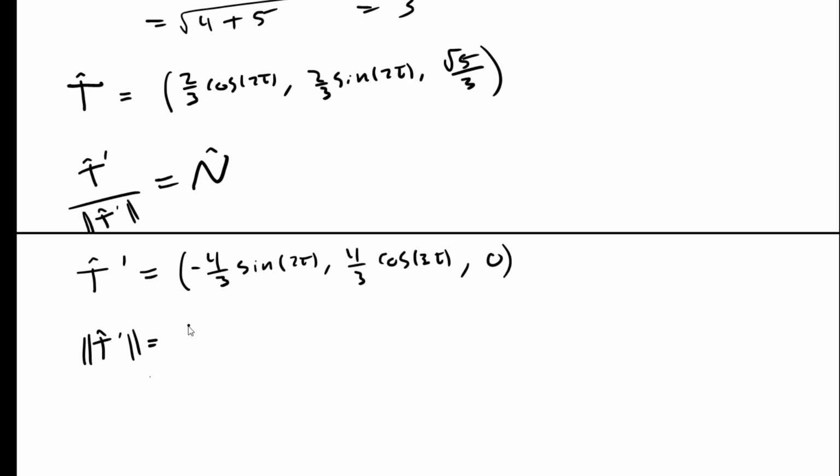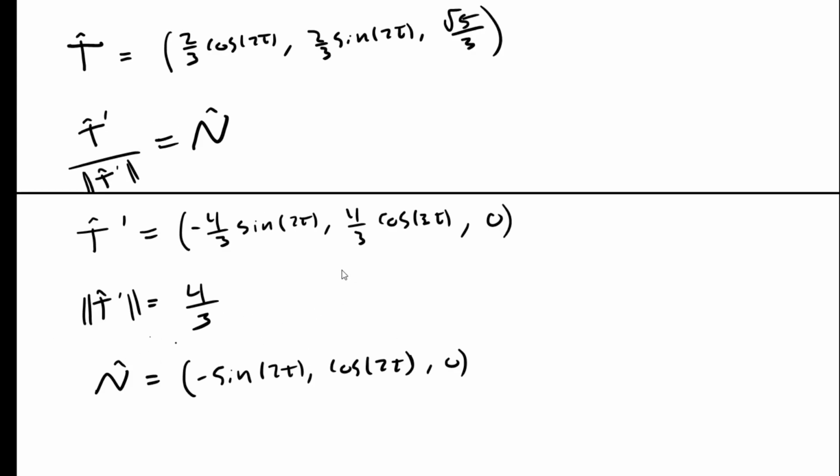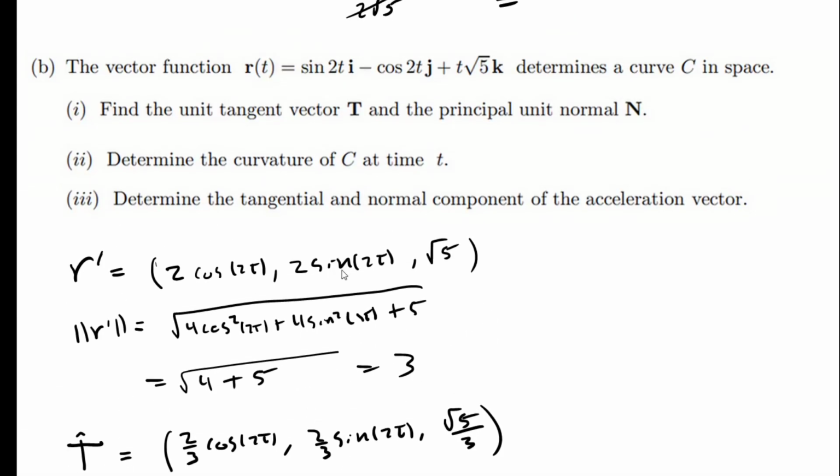That's just going to end up being 4 over 3, meaning that the normal, when I divide this through, is going to be negative sine of 2t, cosine of 2t, 0. So those are my unit tangent and unit normal components.